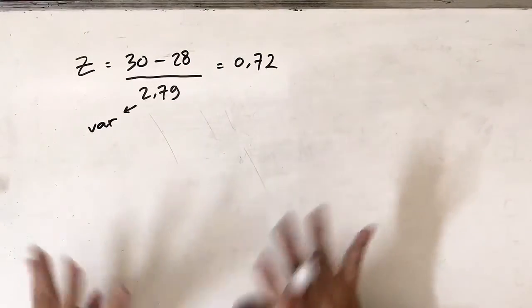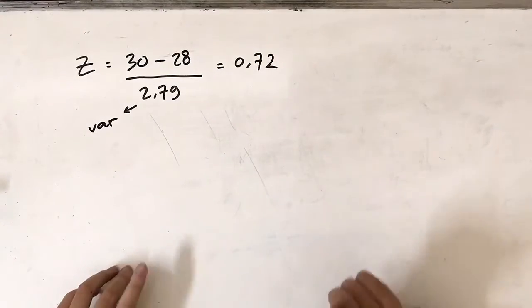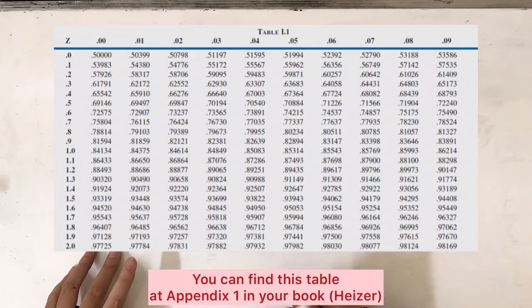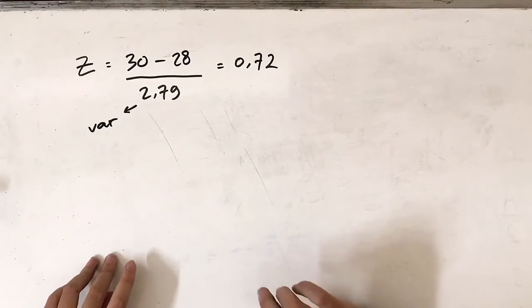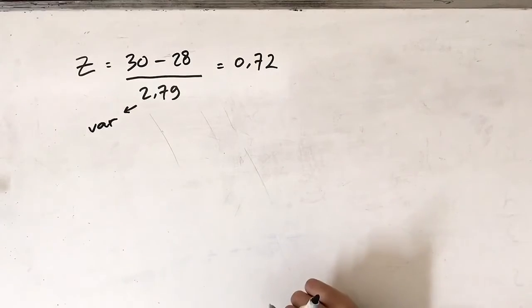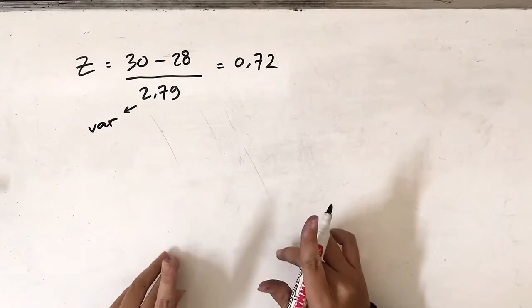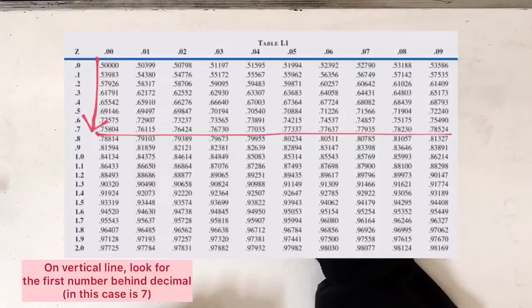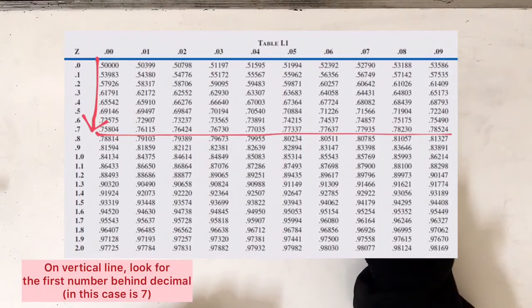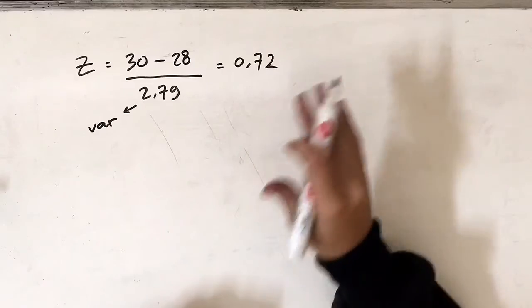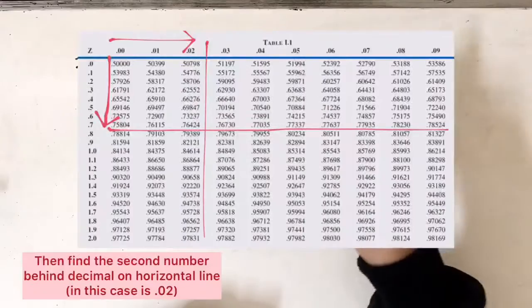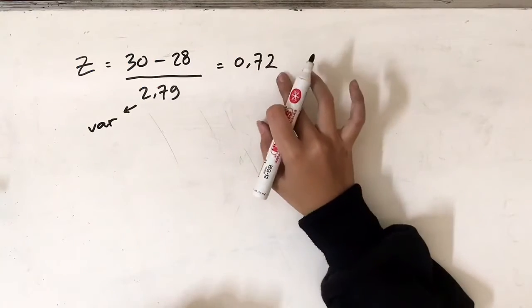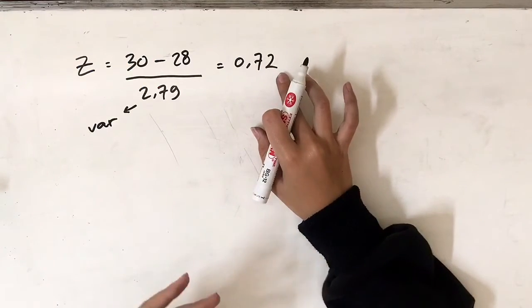Then we look at the table in Appendix 1 in your book. The table looks like this. And on the table we look for this number, 0.72. On the vertical line we look for the first number behind the decimal point, which is 0.7. And for the horizontal line, we look for the second number behind the decimal point, which is 0.02.